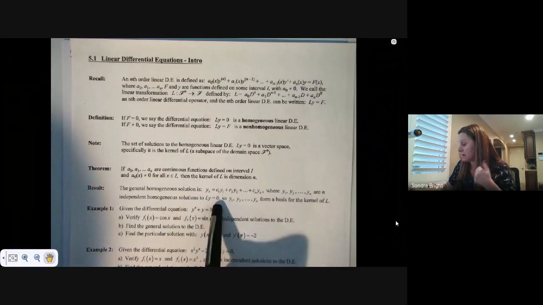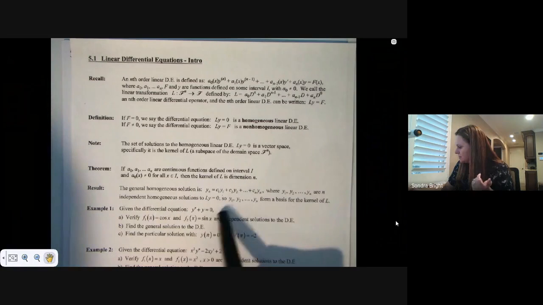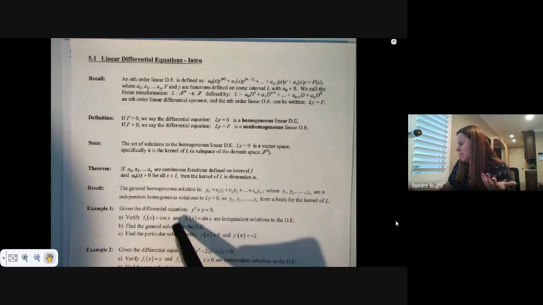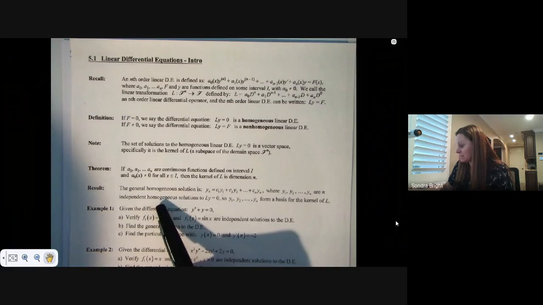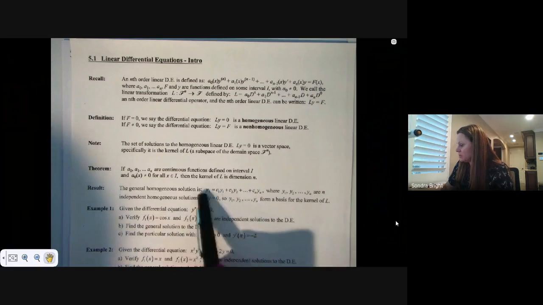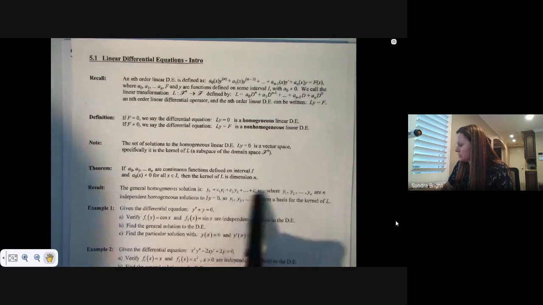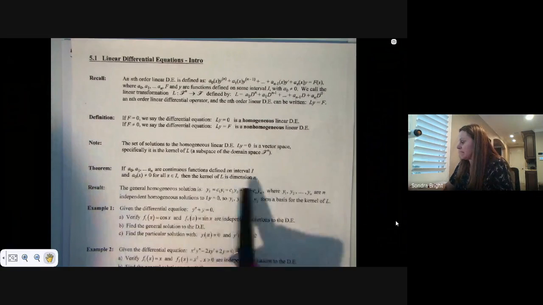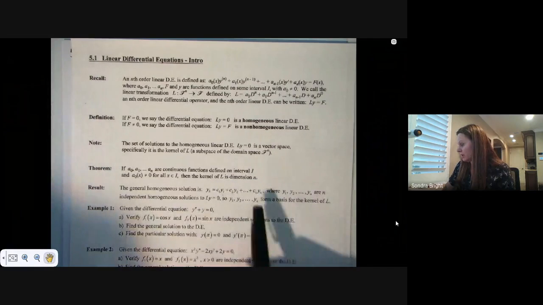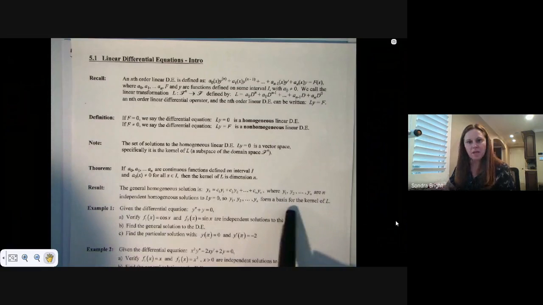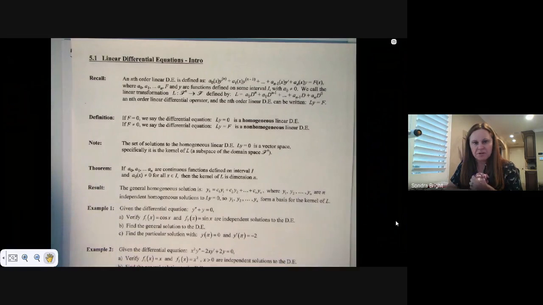Because they're independent and they span, and spanning means you can make a linear combination of them, they form a basis for the kernel of L. Okay. Those are all the theorems we need and the definitions.